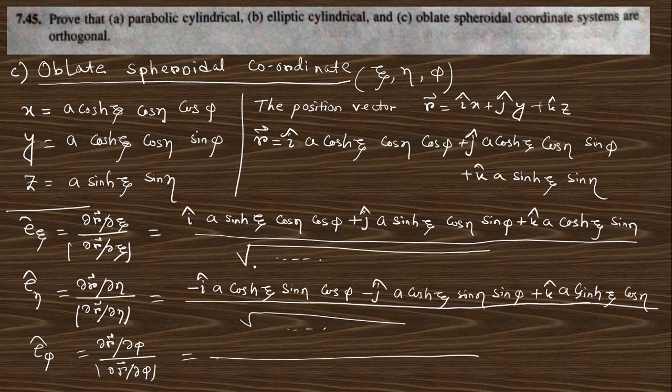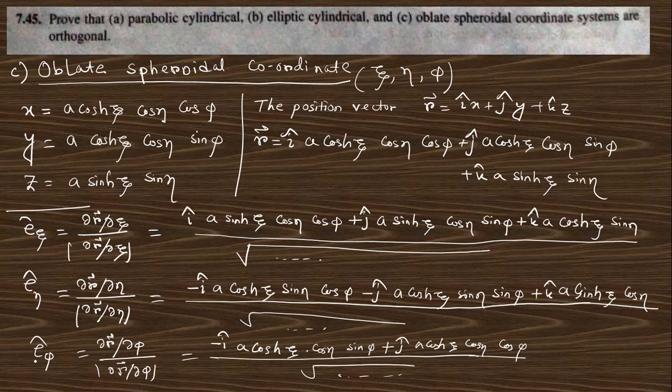So if you take the derivative with respect to phi, this gives you minus, so minus i cap a cosh zeta cos eta sin phi, and this sin phi gives you plus, so this is plus j cap a cosh zeta cos eta cos phi, and root under this square plus this square. Okay, no problem.